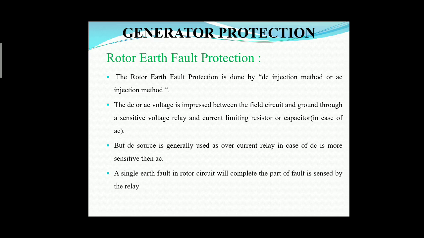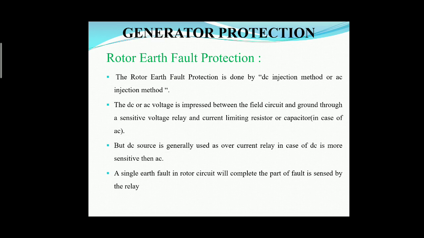The first protection scheme is the rotor earth fault protection. The rotor of the generator is normally unearthed, that is, it remains isolated from the earth.